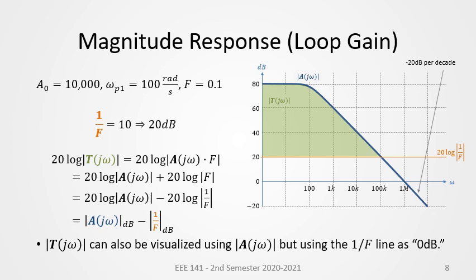This is specifically true when F is purely real or just a constant. However, if F varies with frequency, the loop gain must be visualized strictly as the difference between the A of j omega line and the 1 over F line, which may change with frequency.